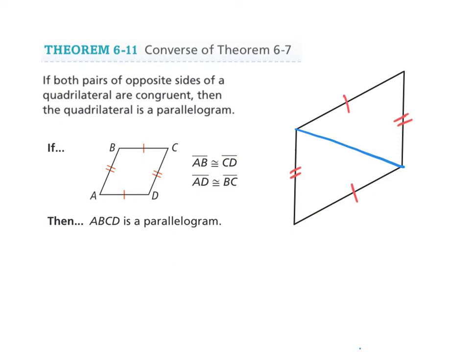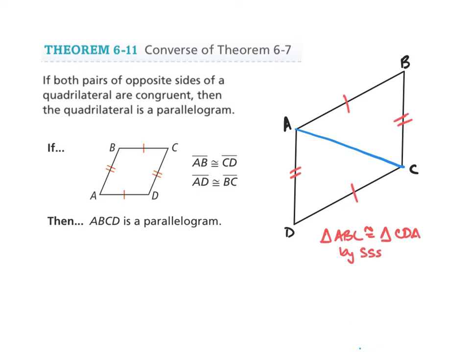Now to make this a little bit easier, let's label some of these points so I can write out my reasoning here. I'm going to say that triangle ABC is congruent to triangle CDA by SSS.